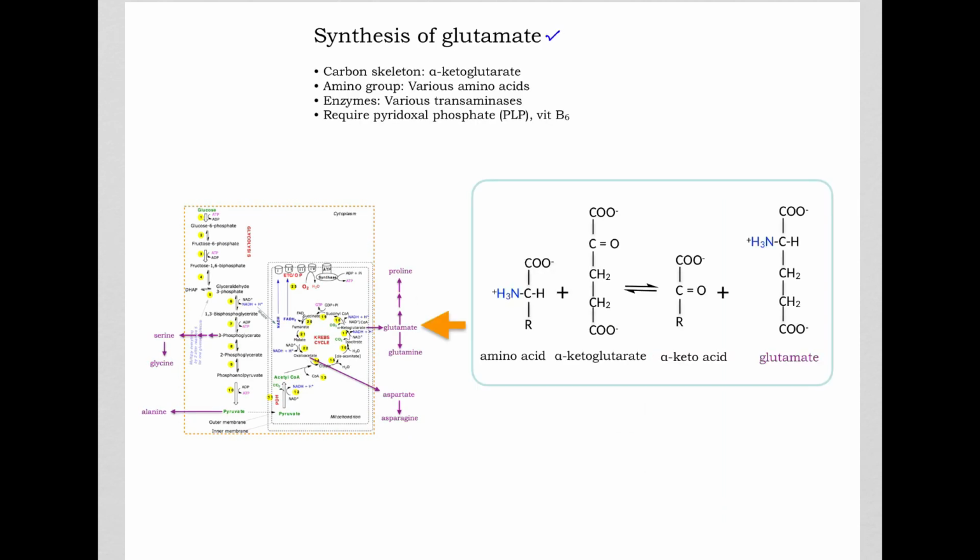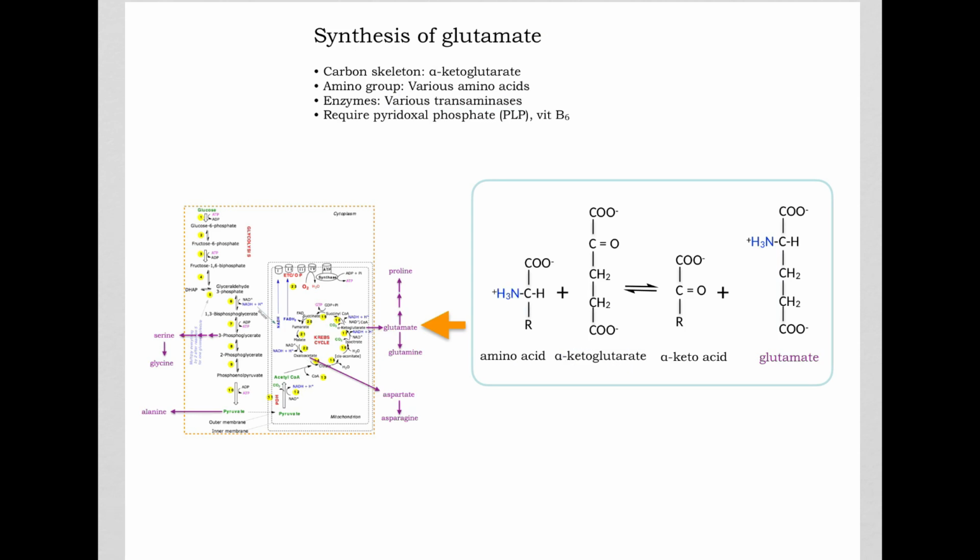Synthesis of glutamate. Glutamate gets its carbon skeleton from alpha ketoglutarate, while the amine group can come from many different amino acids, because the enzyme that catalyzes this reaction could be one of many different transaminases.